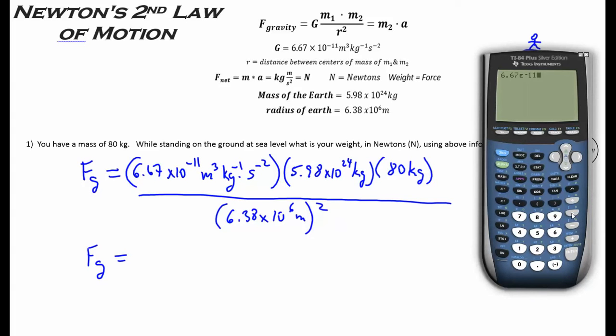And then we're going to multiply that by the mass of the Earth, which is 5.98. Again, for the scientific notation exponent, we hit the second key, then we hit EE. The exponent comes up. The exponent here is 24th. We multiply that by 80 kilograms.